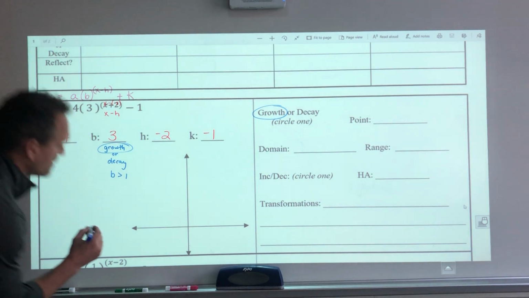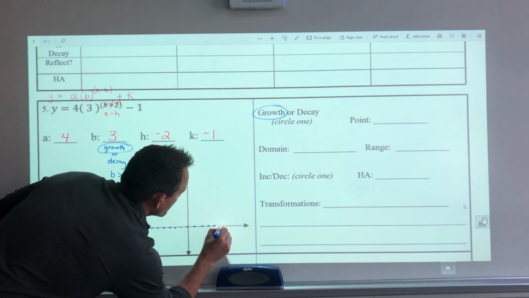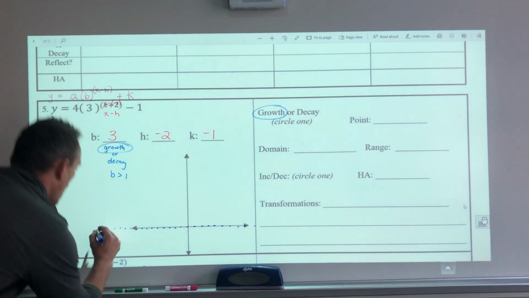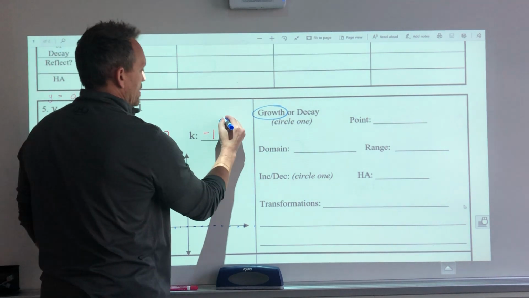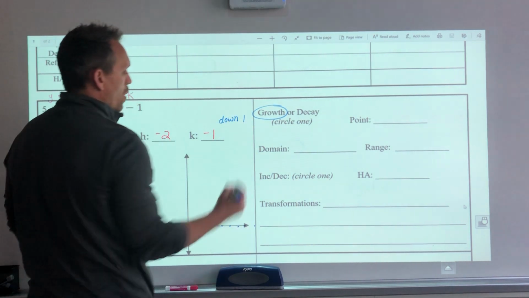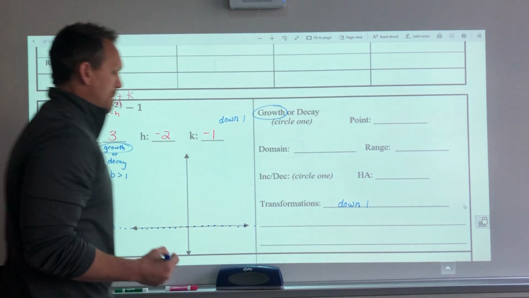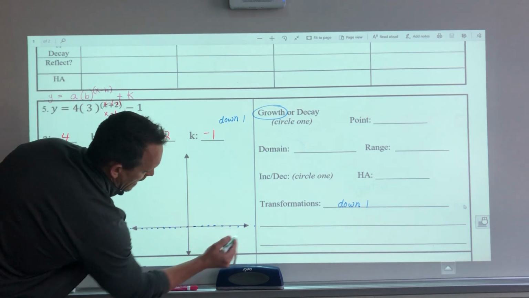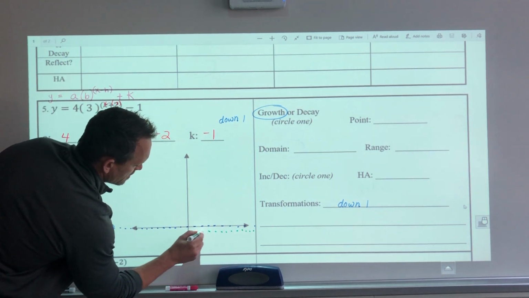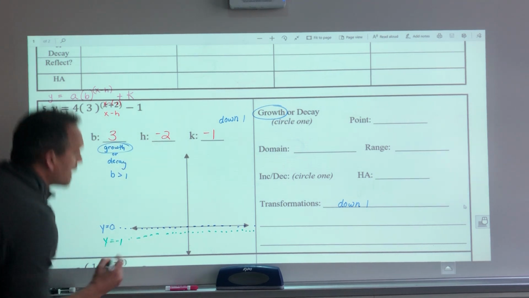Our horizontal asymptote will always be this baseline of y equal to 0, and this k dictates it goes down 1. So our horizontal asymptote is going to go down 1 to y equals -1.